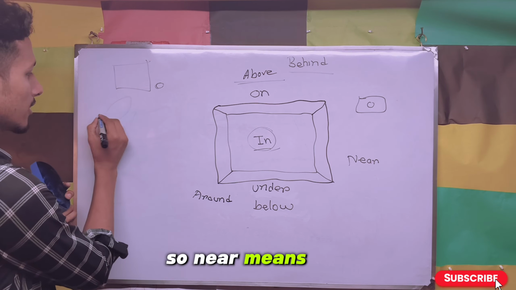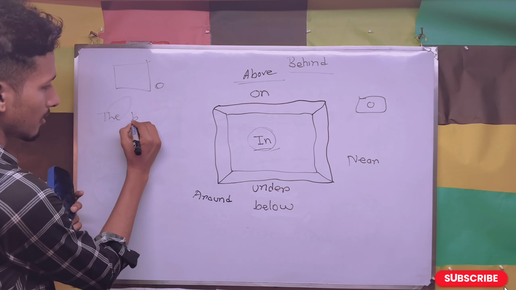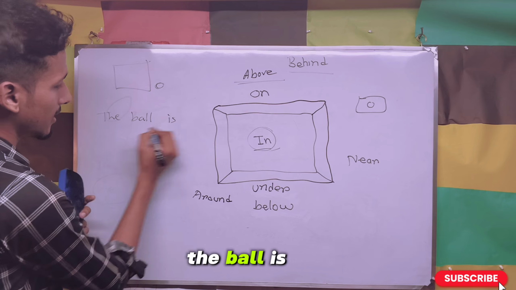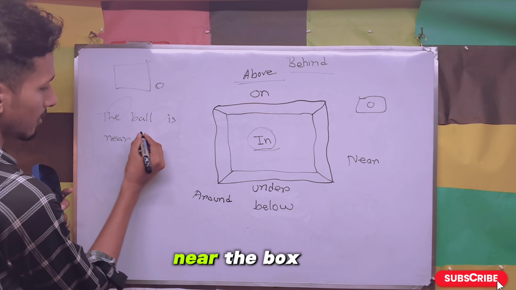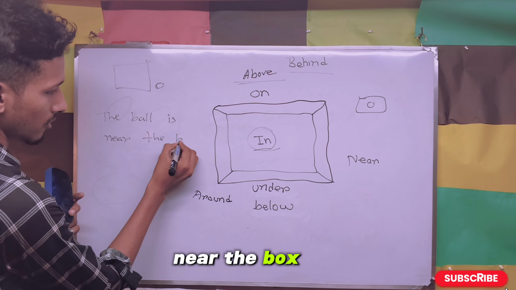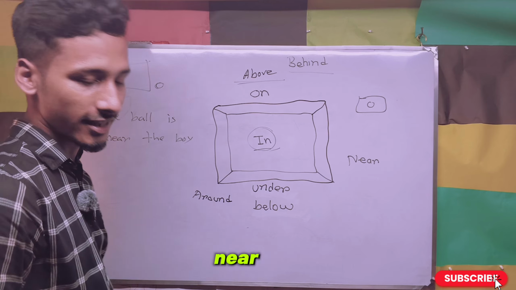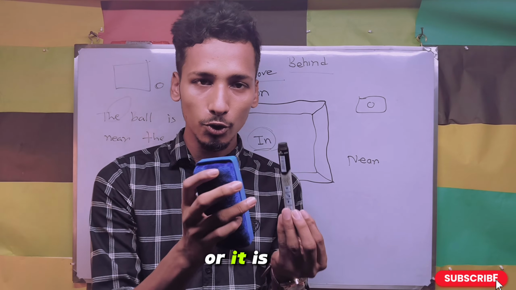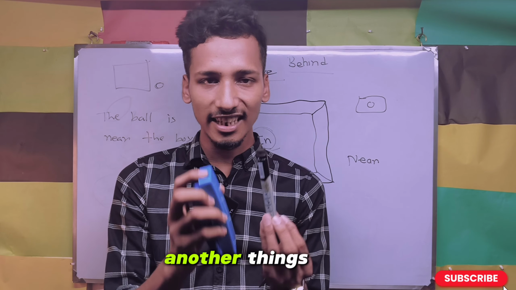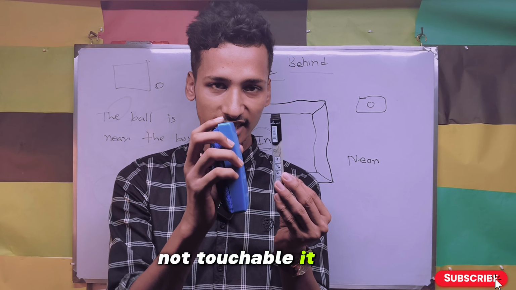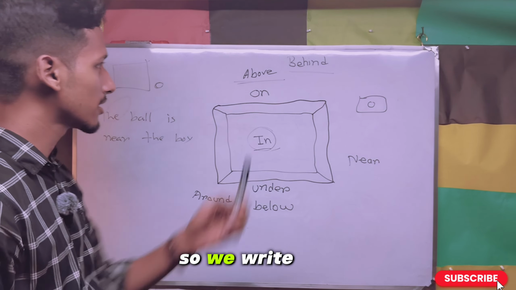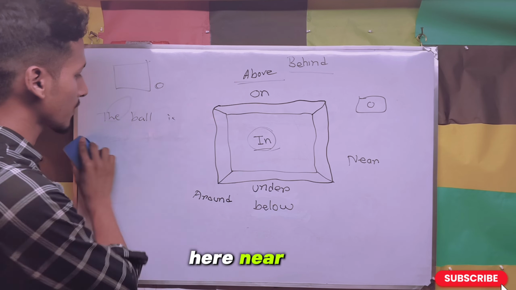Near means the ball is near the box. It is near or close to another thing, but it is not touchable. So we write here near.